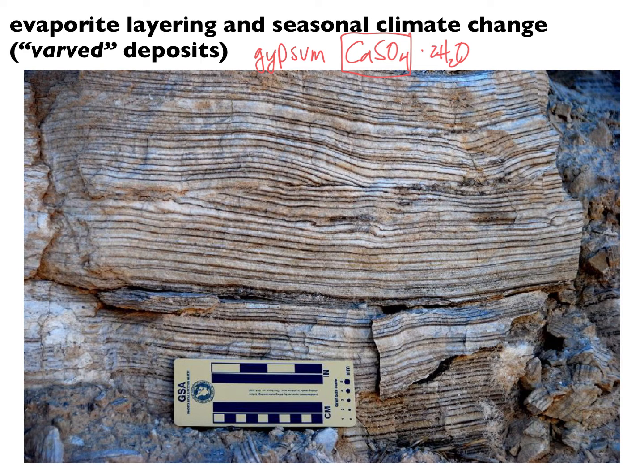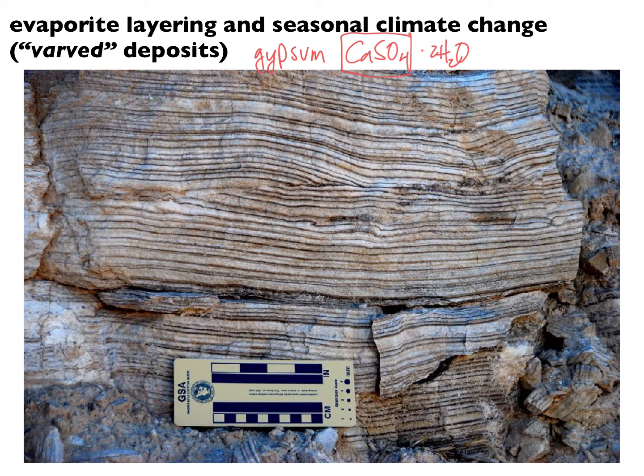So in this picture, we're looking at varves of gypsum and anhydrite. Every darker or light band that you're seeing is gypsum or anhydrite, and basically what they're representing is a continuous record of chemical sedimentation in an arid evaporitic environment.